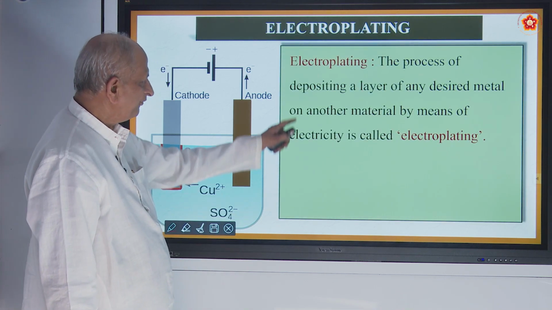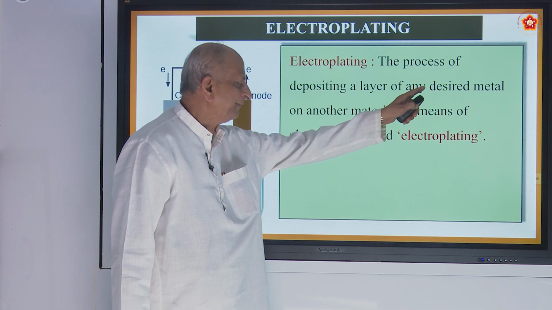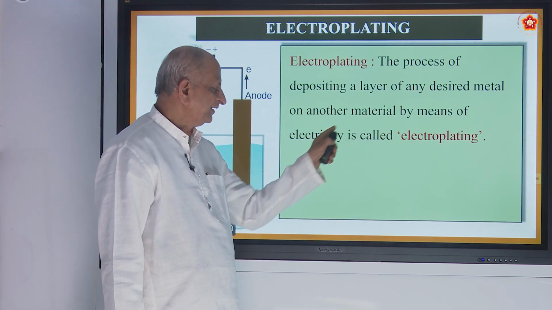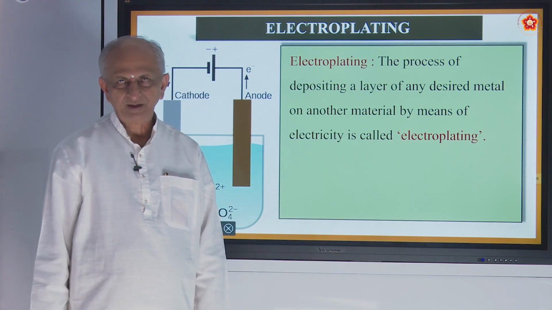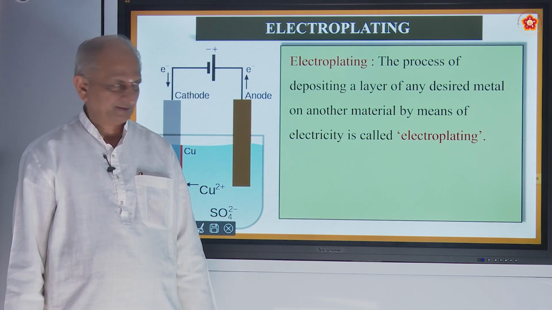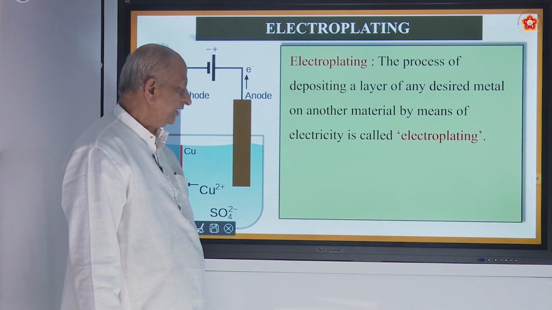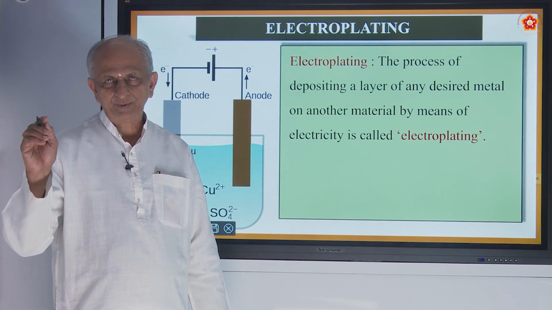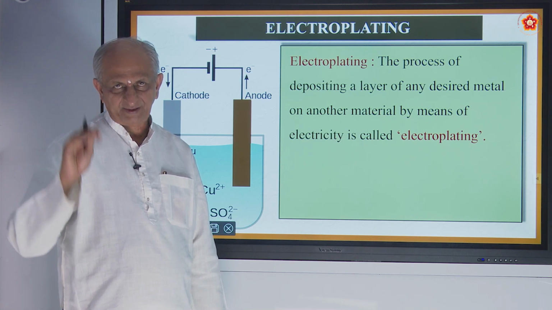So what is electroplating? It is a process of depositing a layer of any desired metal on another material by means of passing electricity. So here, desired metal: suppose you want copper to be deposited, take copper sulfate.